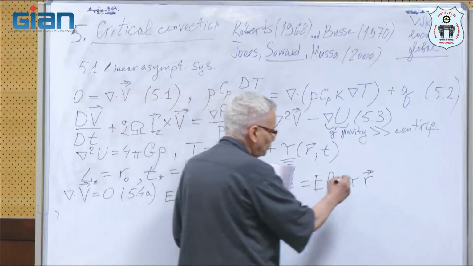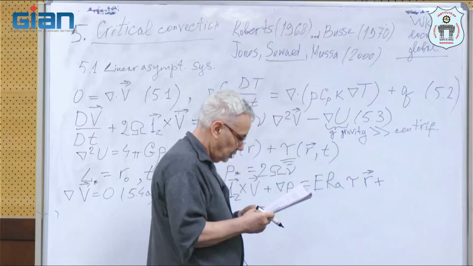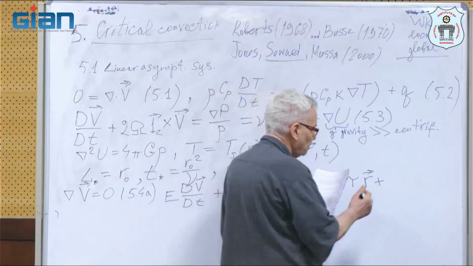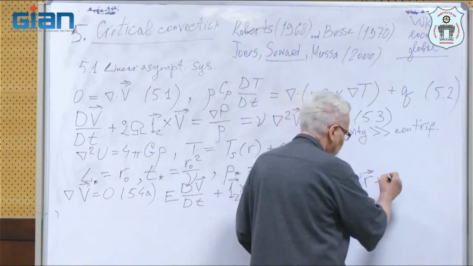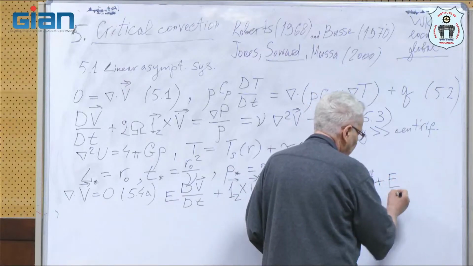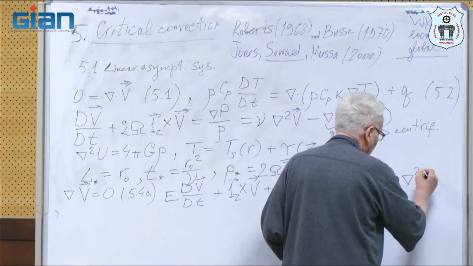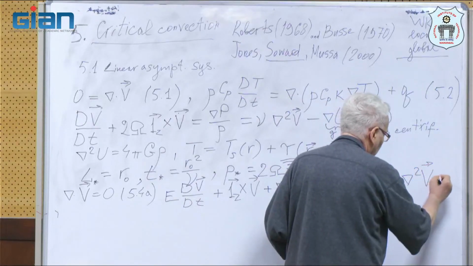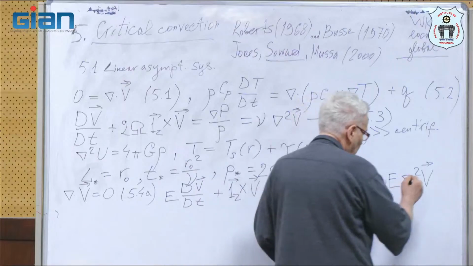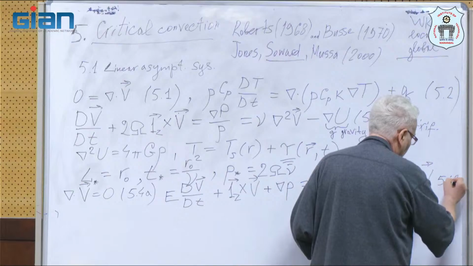And the final term, but perhaps the most important one, because it actually produces the influence of the boundary condition of the flow, is the viscosity term, which in these non-dimensional units becomes like that. 5.4b.